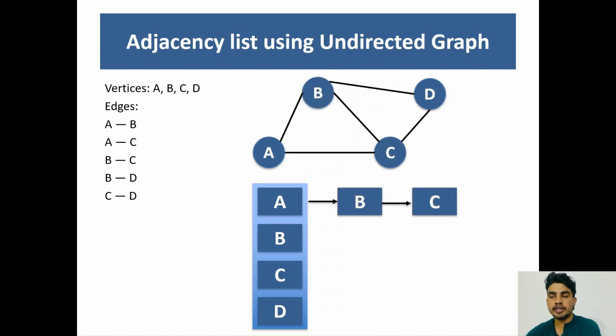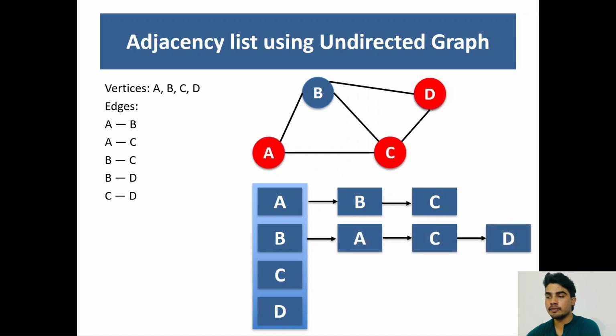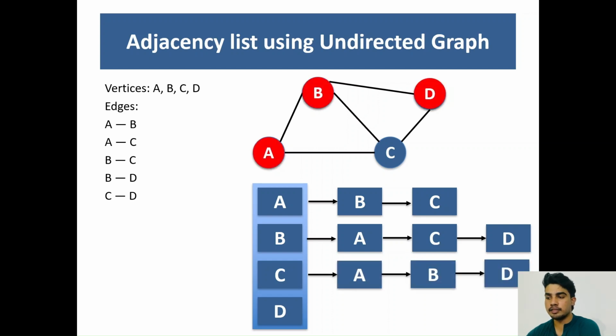Next I am going to vertex B. B is connected to A, C and D. Because the graph is undirected, all three connections matter. So B's list becomes A, C and D. Next I am moving to vertex C. C is connected to A, B and D. We add all three to C's adjacency list.